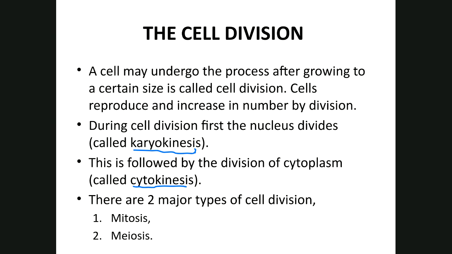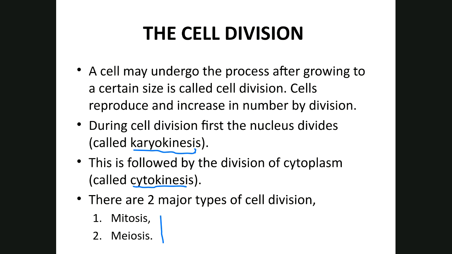Now we have understood that there are two major types of cell division. One is mitosis and the other one is meiosis. There is also another type, which is known as binary fission, which I told you earlier in this lecture, how single-cell prokaryotic organisms divide. Mitosis and meiosis are both divisions of eukaryotic cells.